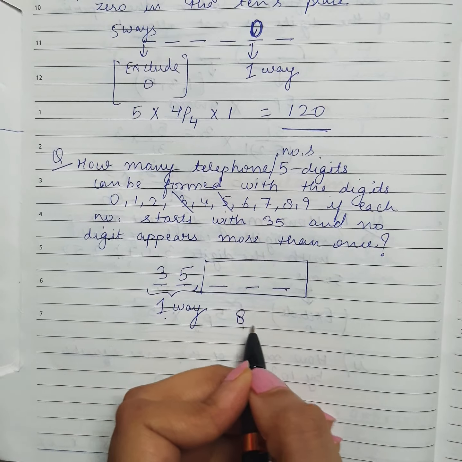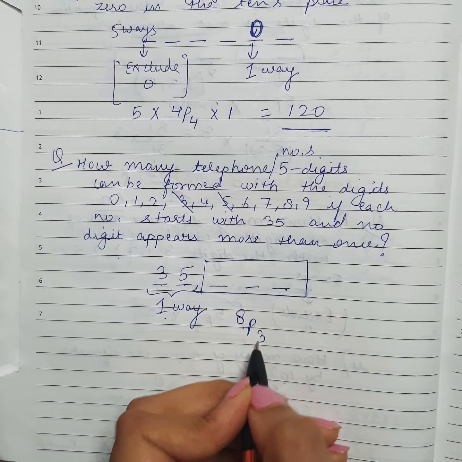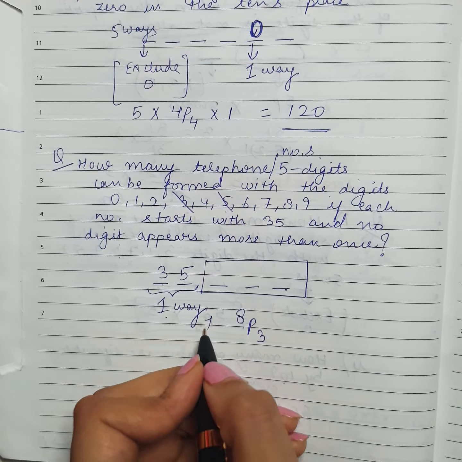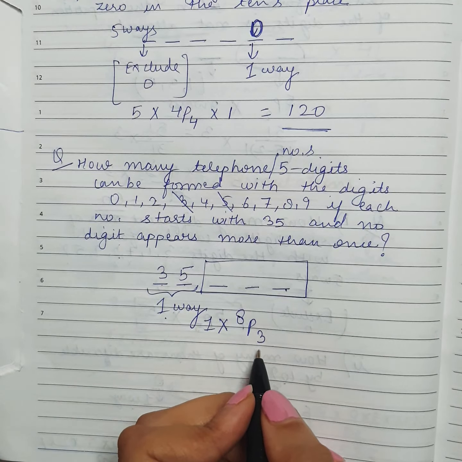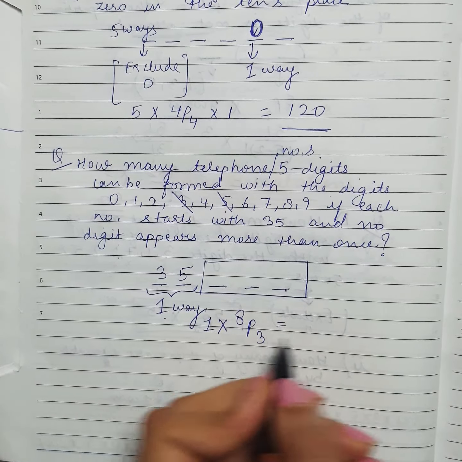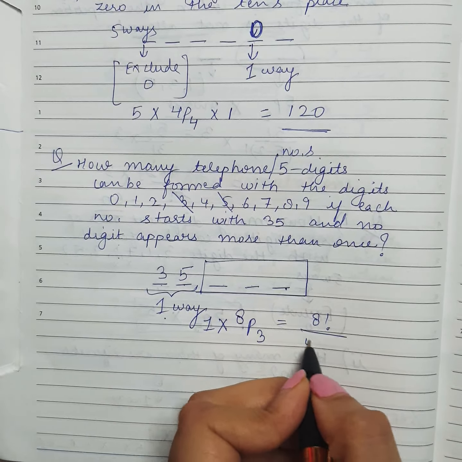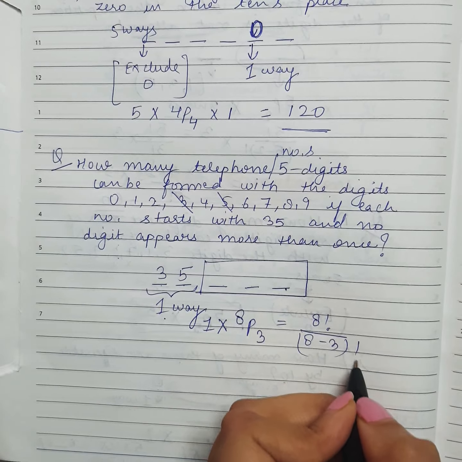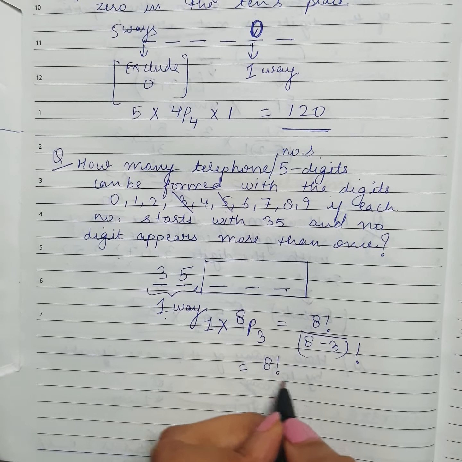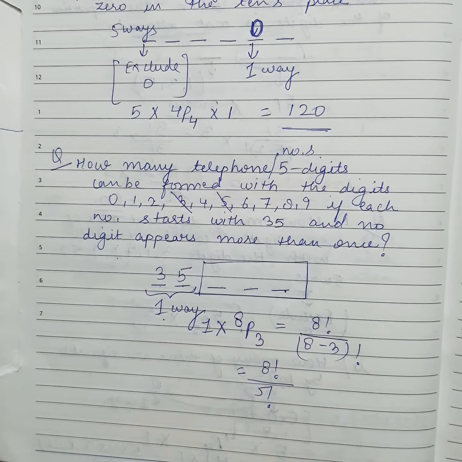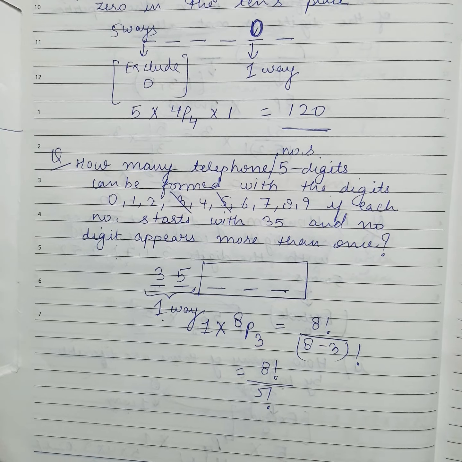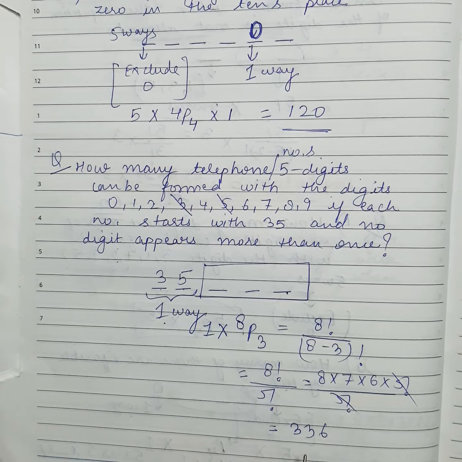So 8 choices and we have to fill 3. So the final answer is 1 into 8p3. So 1 will not make change in the answer. 8 factorial upon 8 minus 3 factorial, 8 factorial upon 5 factorial, and then we will solve it. And the answer is 336.